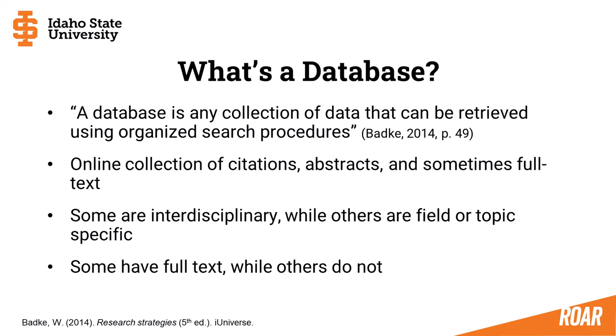When we think about library databases, usually what we're thinking about are online collections of citations, abstracts, sometimes full text. It really just depends on the database. Some databases are what we call interdisciplinary, or they cover a lot of different disciplines, while others are more specific and cover specific fields. Some have full text, others do not, and we're going to need to be able to locate the full text based on the information that we find in the database itself.